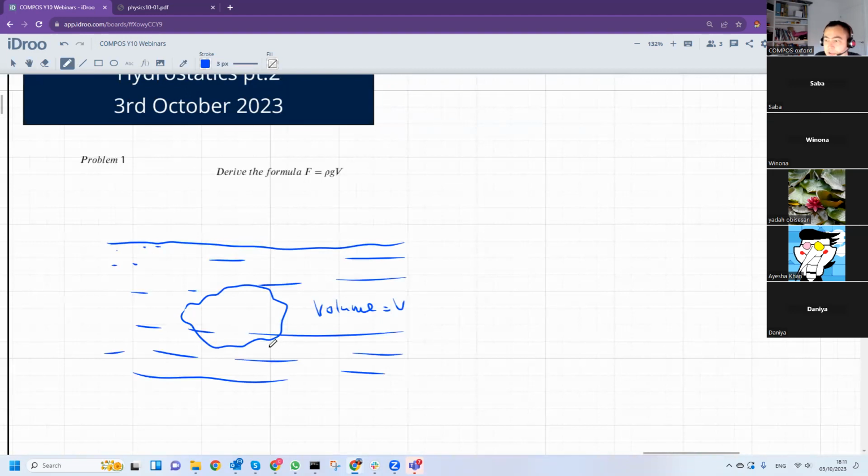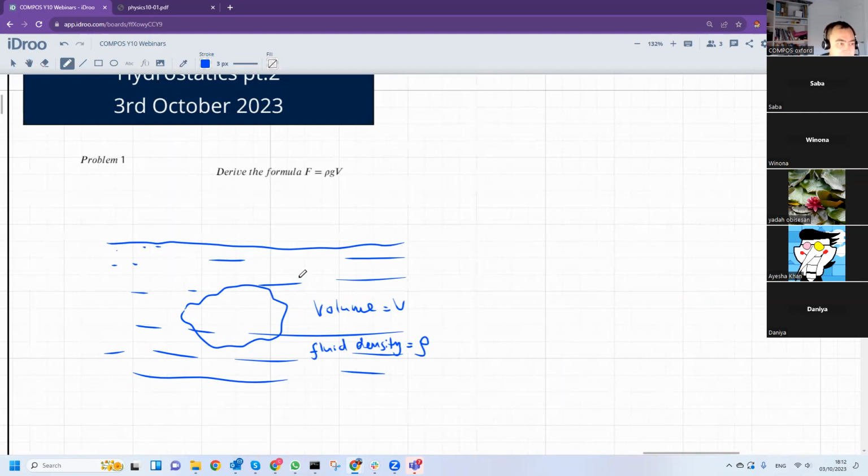Yes, these problems we are doing will help you with the entry test. So fluid density equals rho, and g is gravity. No, problem 1 does not help with problem 1 on the test.